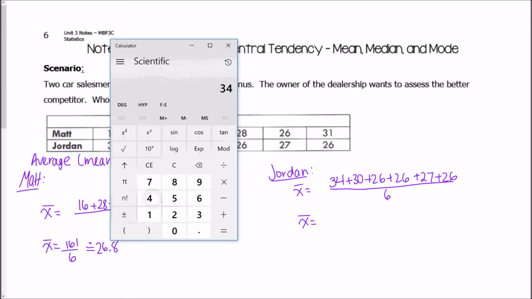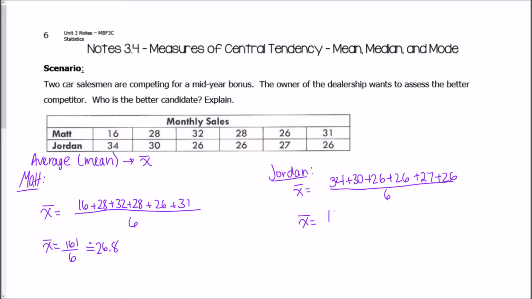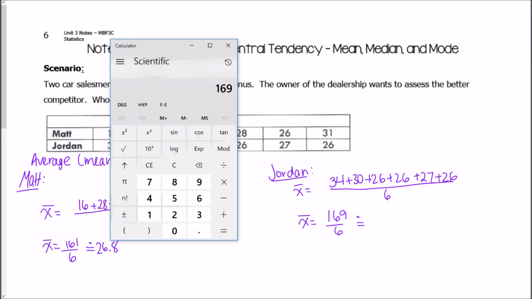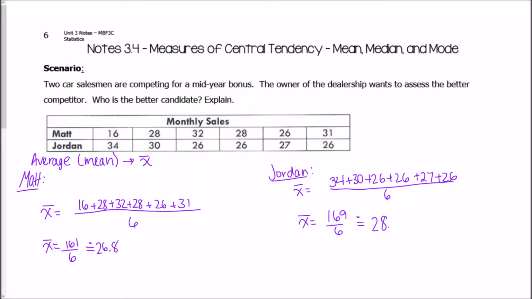So I end up getting 34 plus 30 plus 26 plus another 26 plus 27 plus another 26. So here I end up getting 169. So when I take that number and divide it by 6, I end up getting about 28.2. So this will round to 28.2 right here.